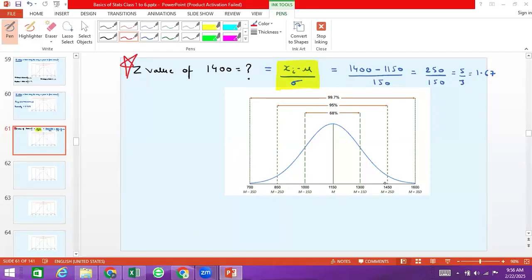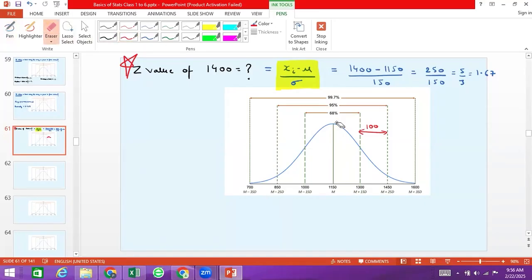How come it is 100? 150 plus 100 is 250. From 1150 to this is not 100. 1300 plus 100 will be 1400, right? This is 150, not that.